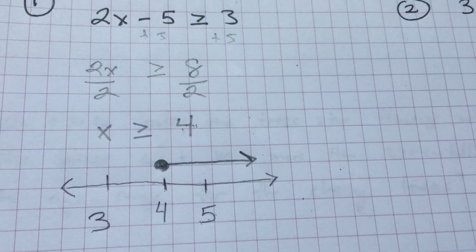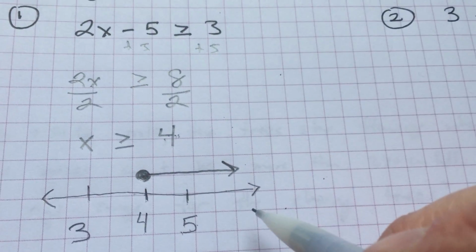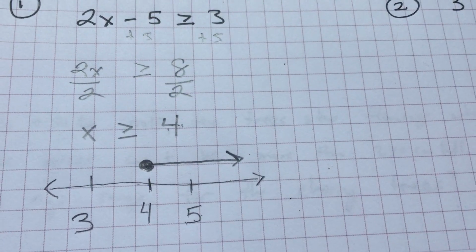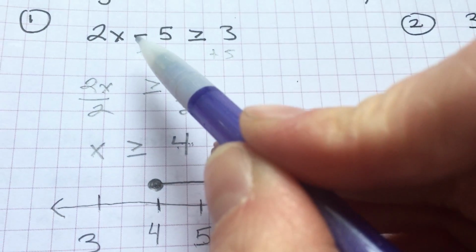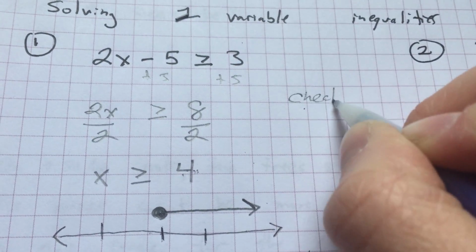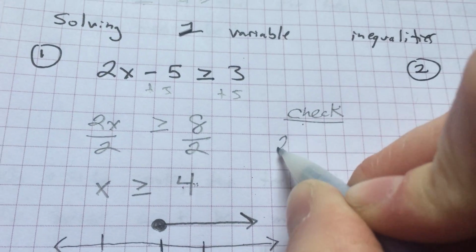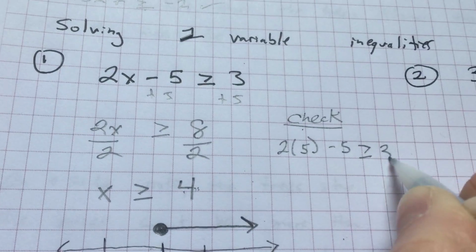So how can I double check that 5, 6, 7, 8 will work? Because I want to make sure that it checks out. I'm going to plug in 5 into my inequality, and I'm going to see what happens. So here's my quick little check. I'm going to say 2 times 5 minus 5 is greater than or equal to 3.